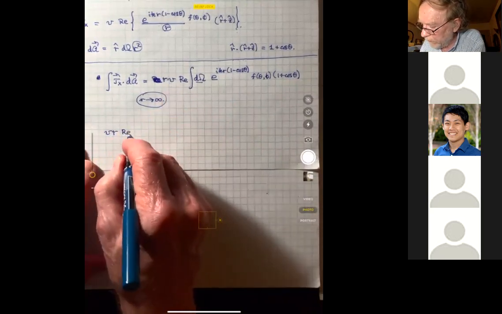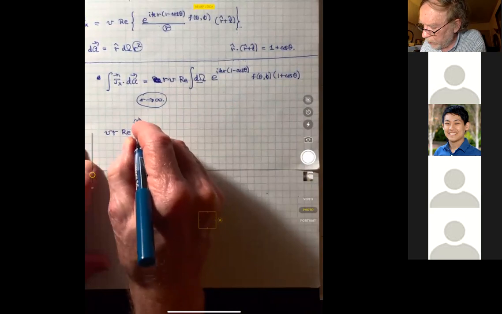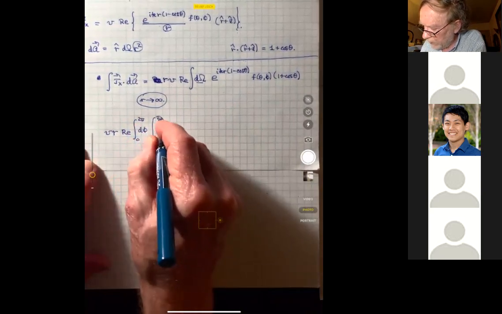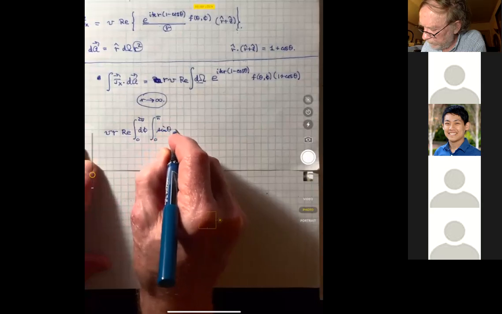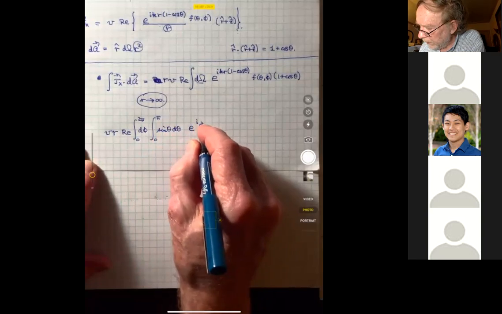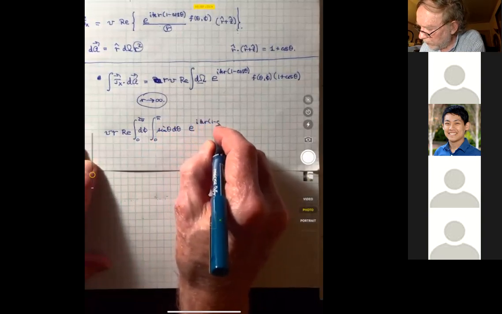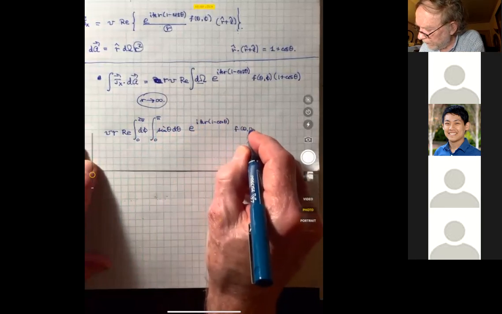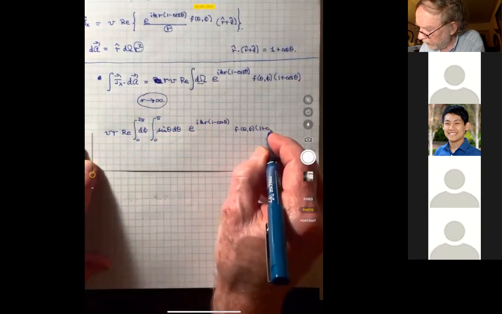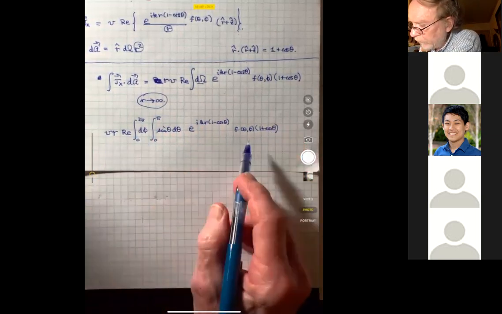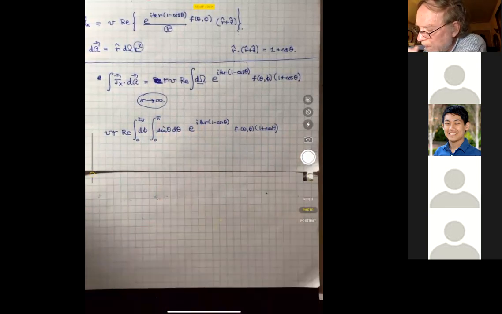The real part of the integral from 0 to 2 pi d phi, the integral from 0 to pi sine theta d theta, and then I'll write e to the ikr times 1 minus cosine theta. And then we have f of theta comma phi times 1 plus cosine theta. Okay, there's your cross, the flux from the cross terms in the asymptotic region.